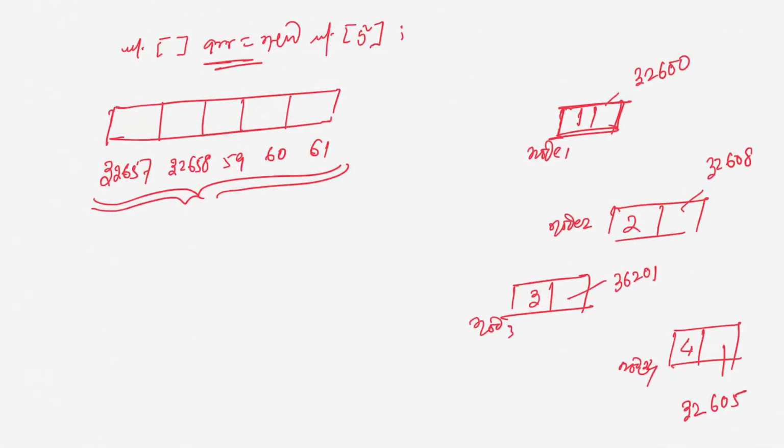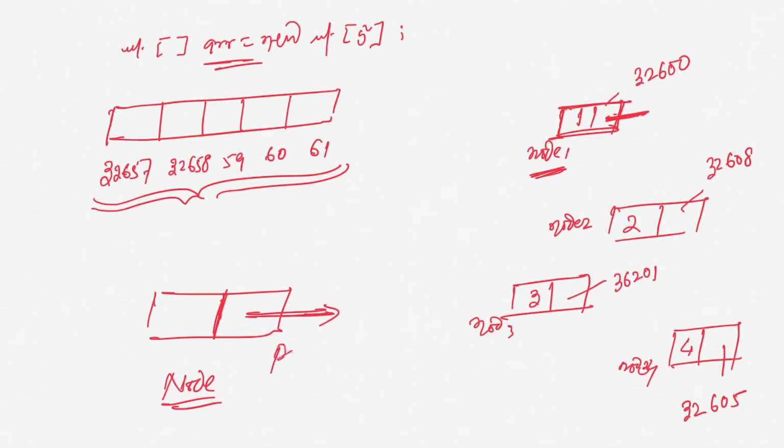One node consists of the element, or we can say, suppose this is the node, and this node will have a pointer or reference which points to an address, and first we'll have the data. This is how the syntax of the node looks like.